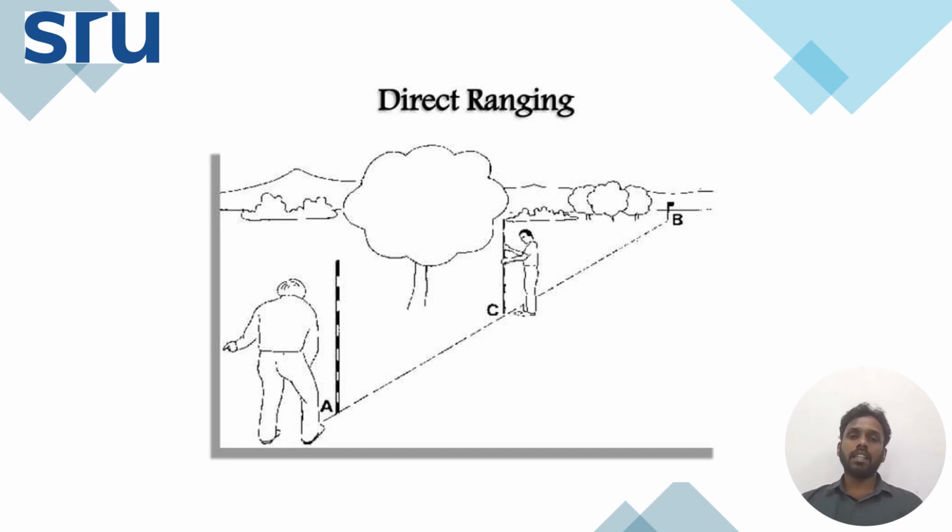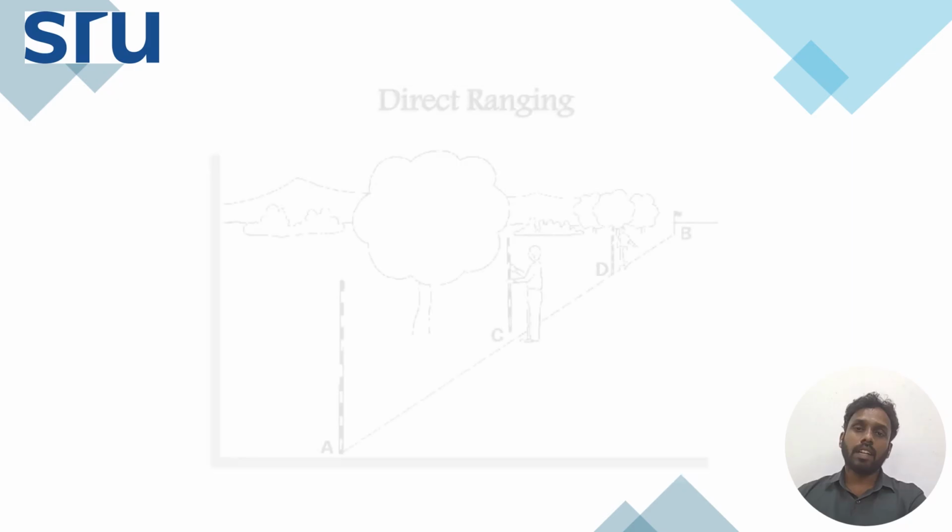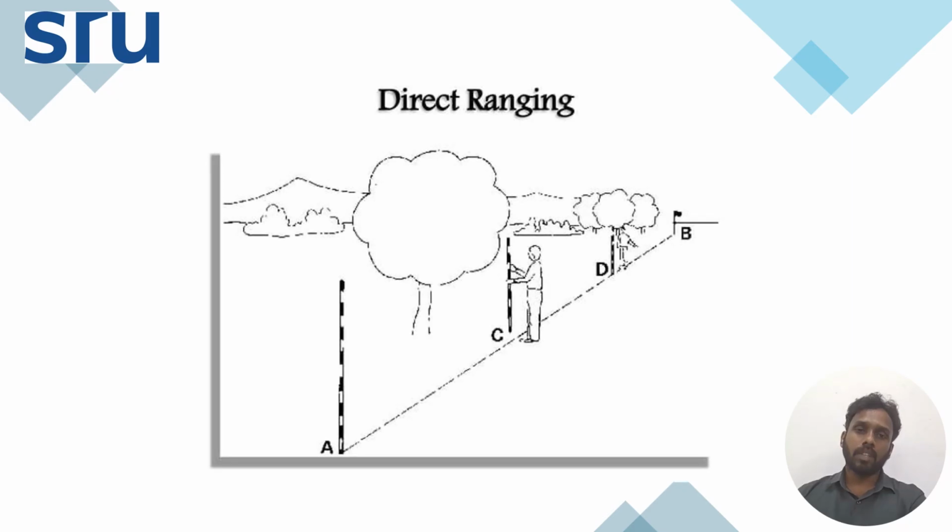He will regulate the person holding the ranging rod to go exactly in the line of sight between A and B. If it is on the right side, he will tell him to go right, or if on the left side, he will ask him to go left. Accordingly, they will arrange this.